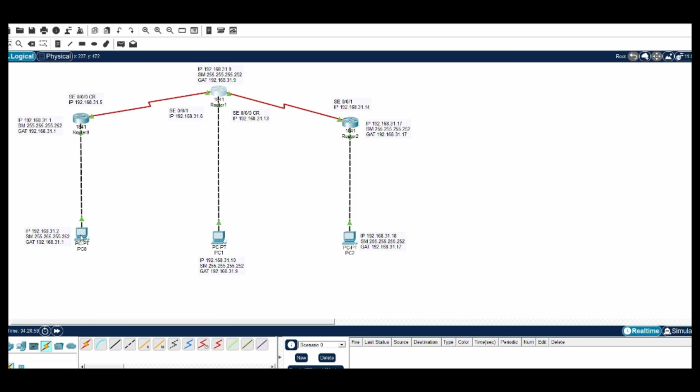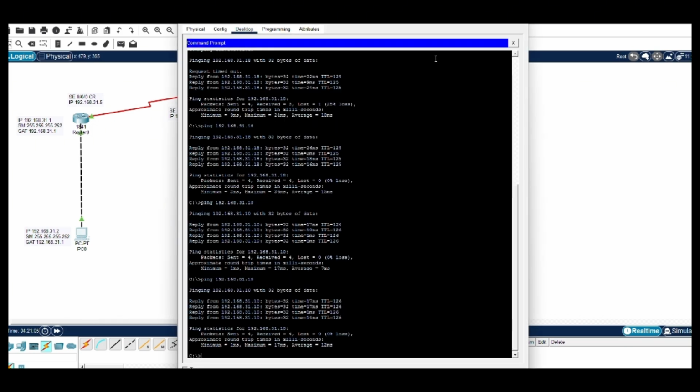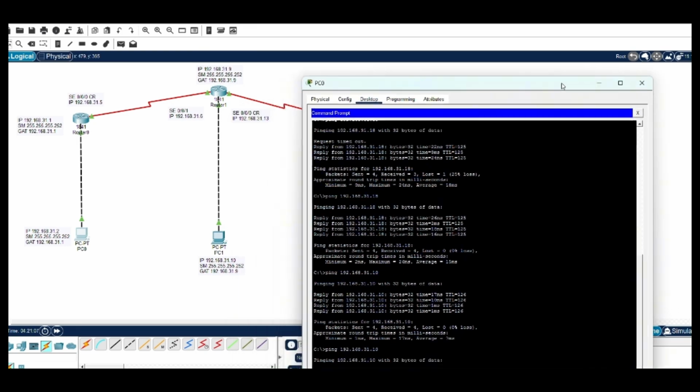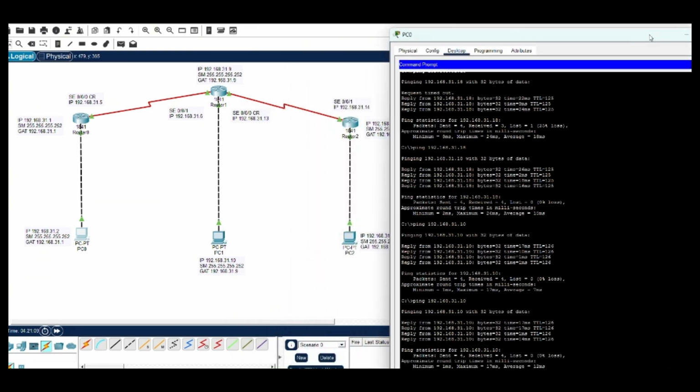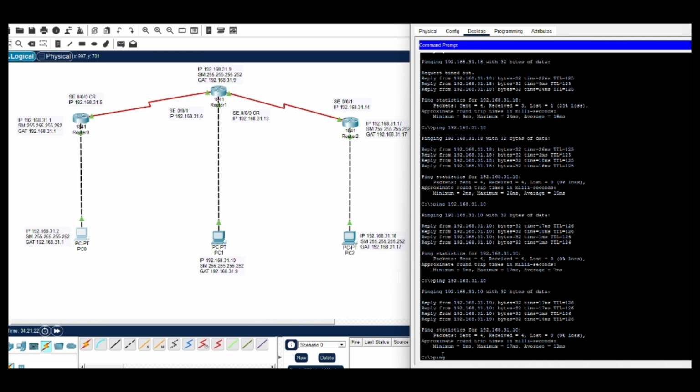Let's go to ping. First, with this address 10, PCB.